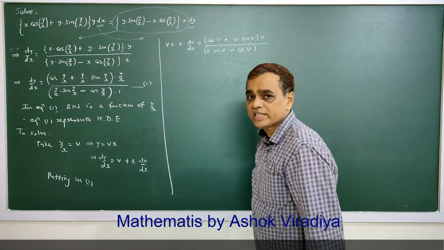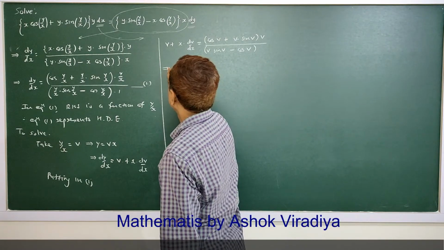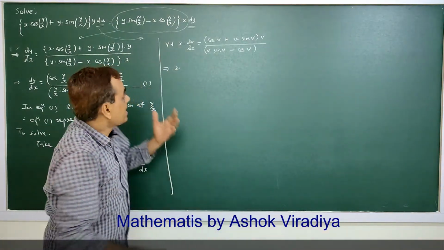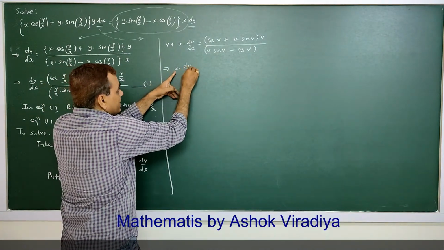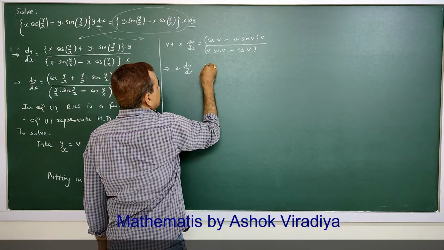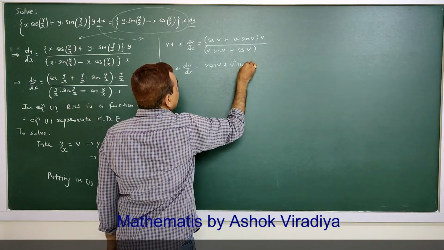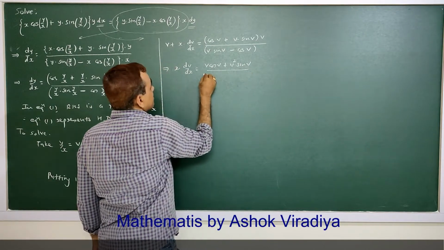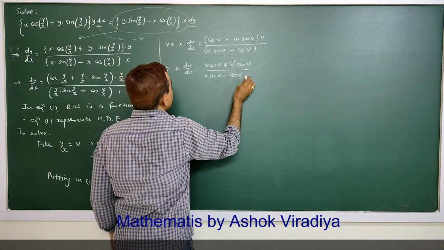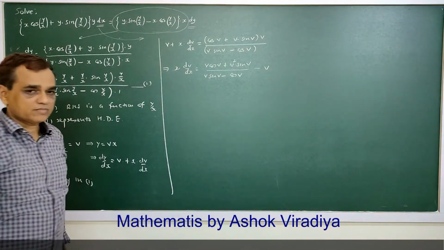Now as we do in every question, this v I am shifting to this side. So x into dv by dx equals v cos v plus v square sin v upon v sin v minus cos v, minus v.